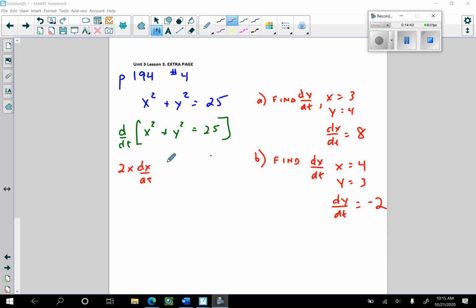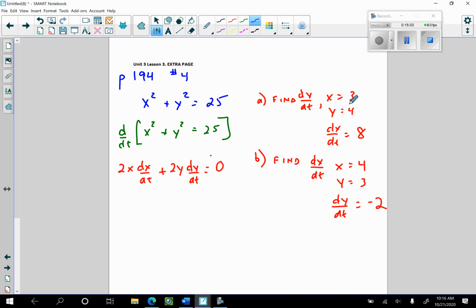And the derivative of y squared with respect to t is 2y dy dt, which is equal to 0. So part A: we know what dx dt is, and we know what x and y are. We want to find dy dt. So put everything in and solve for dy dt.